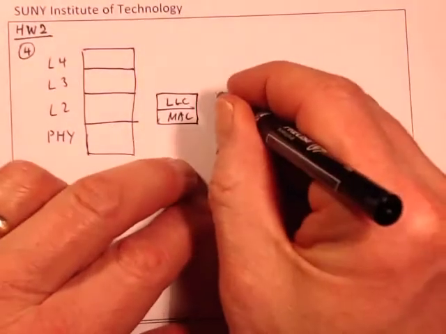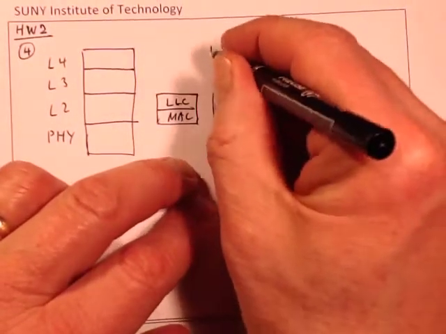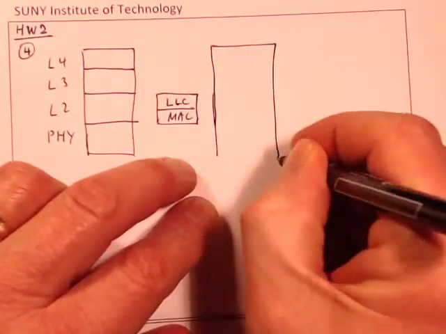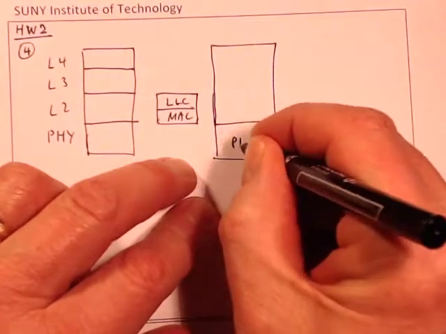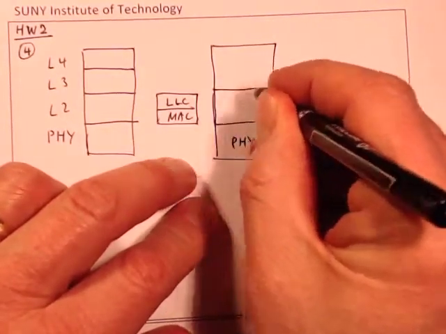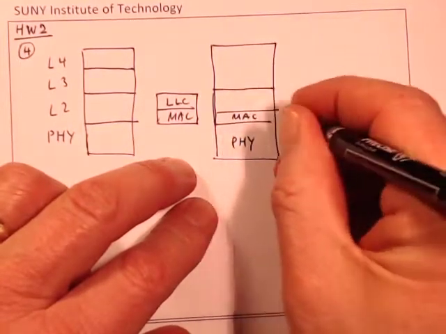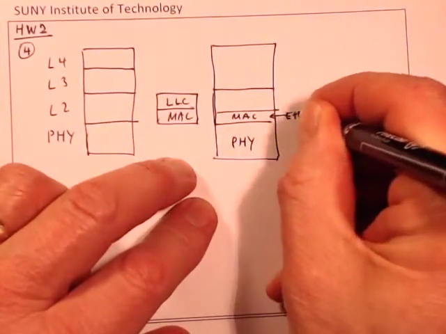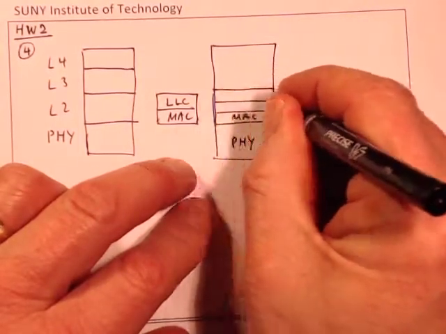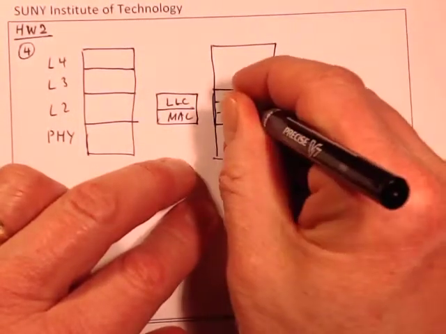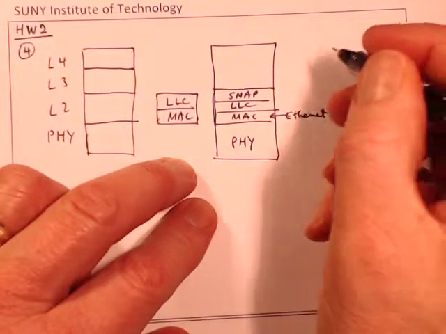And so what we really have now is the following. We have the physical layer here. We have layer 2, which consists of the MAC layer, that's Ethernet, the LLC, and finally the SNAP.